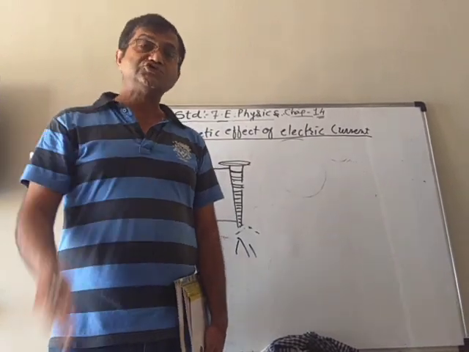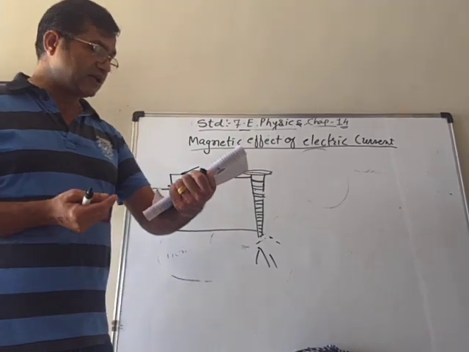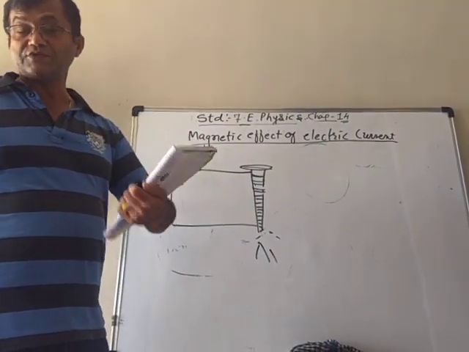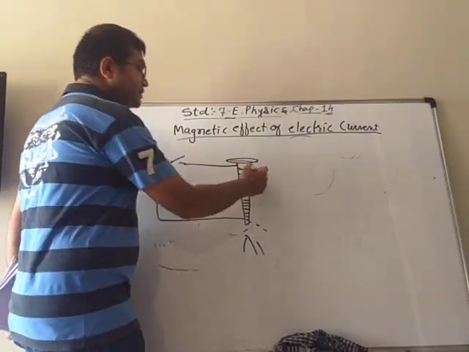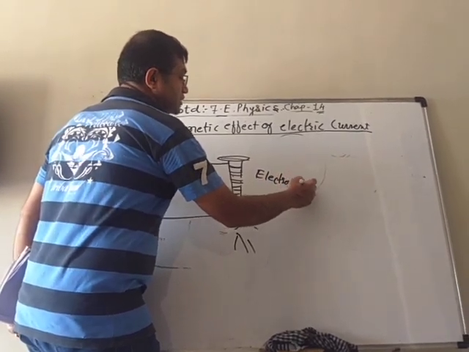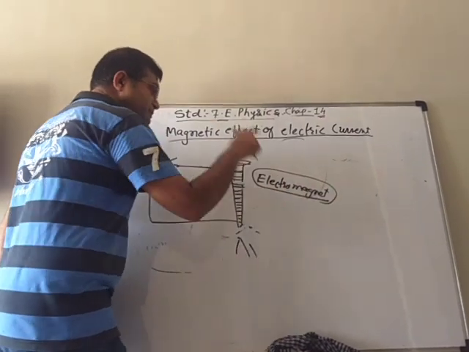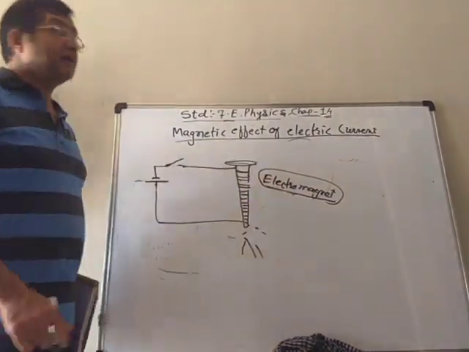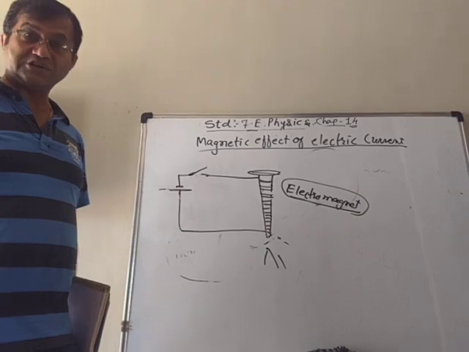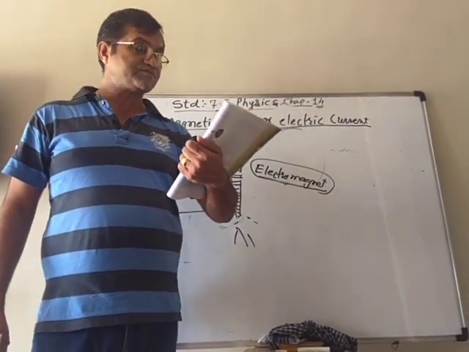As soon as you switch off, current is not passing through it, and then it does not behave like a magnet. So that type of magnet is known as an electromagnet. Electromagnet means it acts as a magnet only when electricity is passing through it. So it is known as an electromagnet.